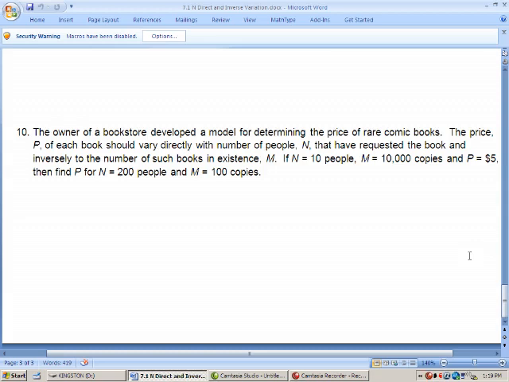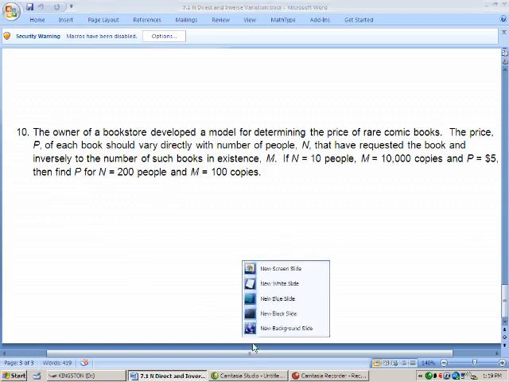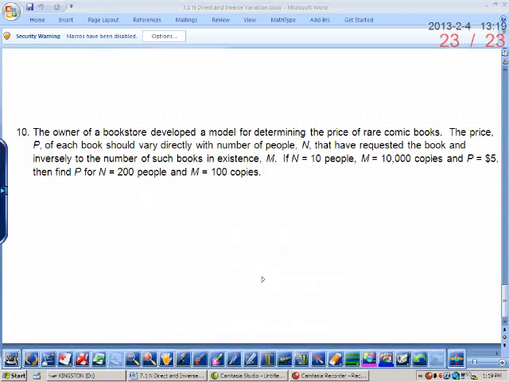All right, so what's my very original equation? P equals K N over M. Did anyone not get this? Everyone okay here?